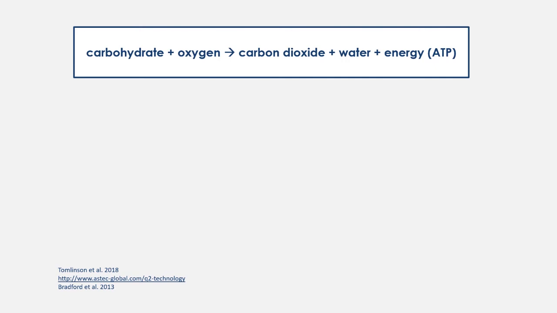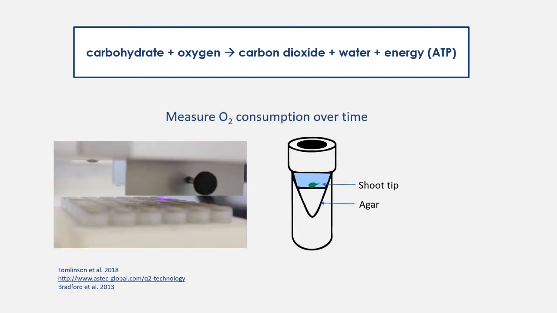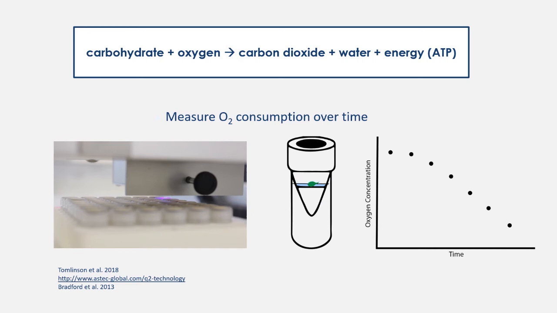In each vial in the Q2, we can put a shoot tip, and we can measure how quickly this shoot tip consumes the oxygen in its little vial, and we can convert this oxygen consumption rate to a metabolic rate. And then we can compare metabolic rates of our shoot tips when they are exposed to different cryopreservation treatments to see how these treatments are affecting mitochondrial function.